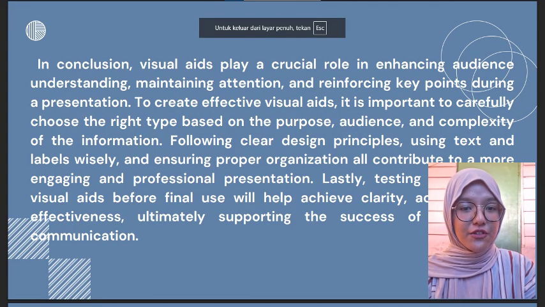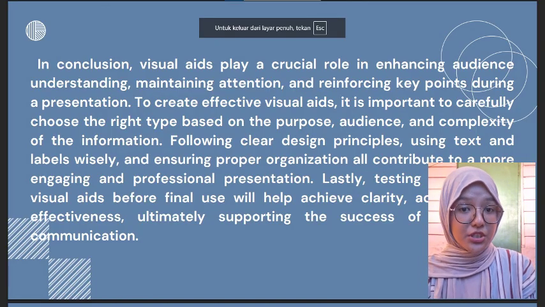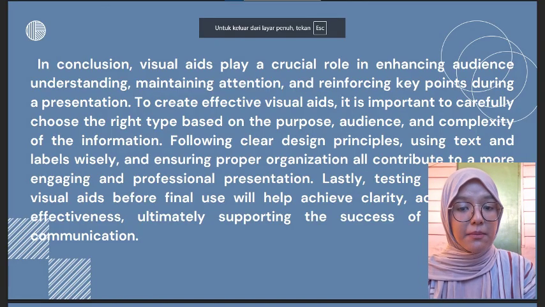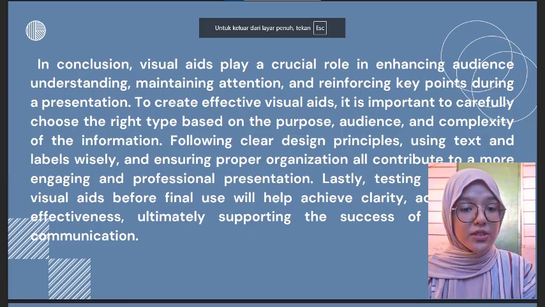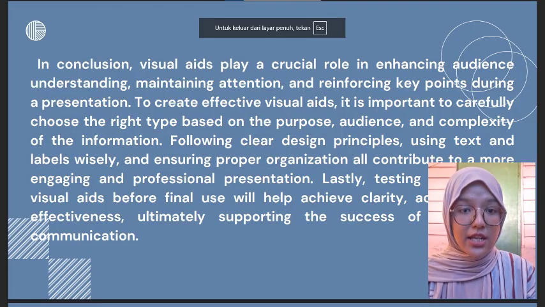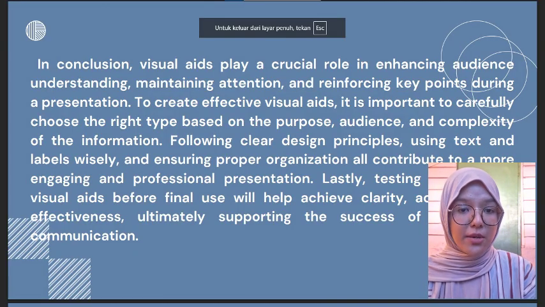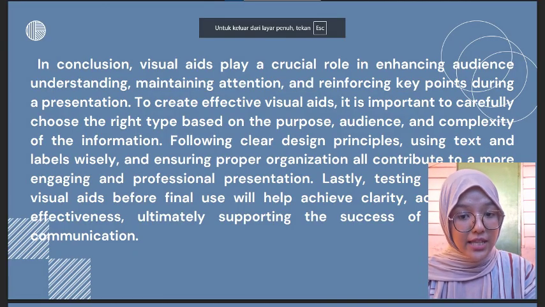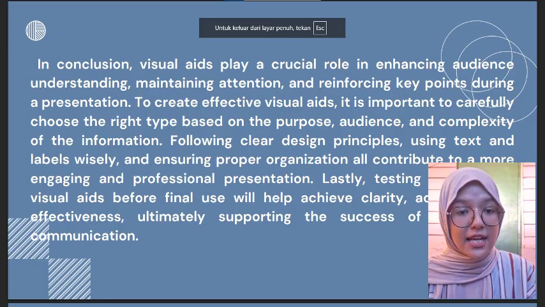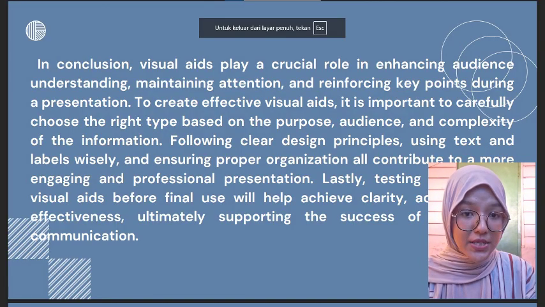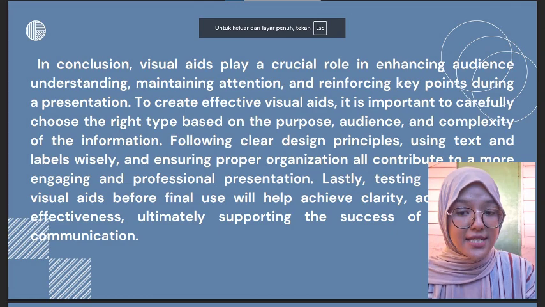Alright guys, that's all for our material today. So in conclusion, visual aids play a crucial role in enhancing audience understanding, maintaining attention, and reinforcing key points during a presentation. To create effective visual aids, it is important to carefully choose the right type based on the purpose, audience, and complexity of the information.